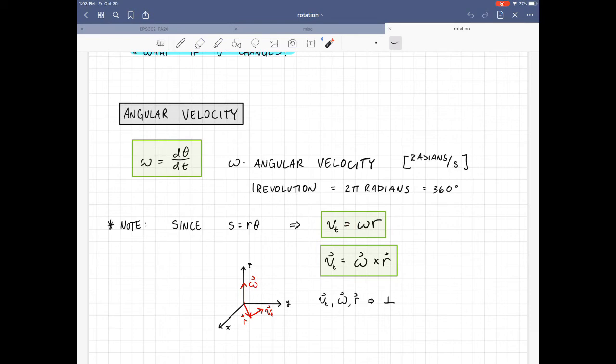So just take the derivative of both sides with respect to t, and we end up getting v on this side and omega r on this side.